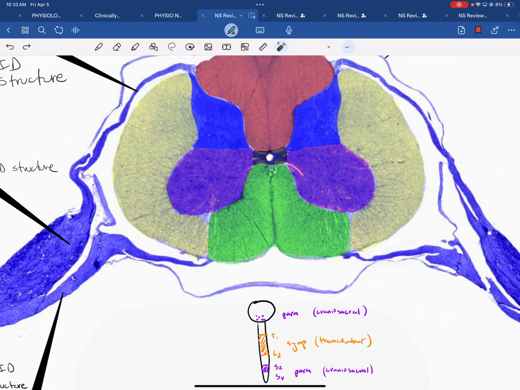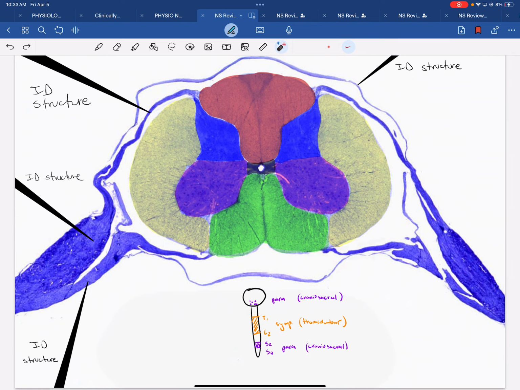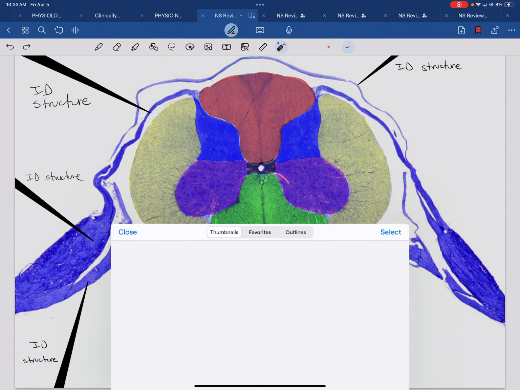And ascending would be the sensory? Yeah, these both also have sensory, and then this one back here is only sensory. There are no descending motor tracts in the posterior funiculi that connect to the brain. All right.